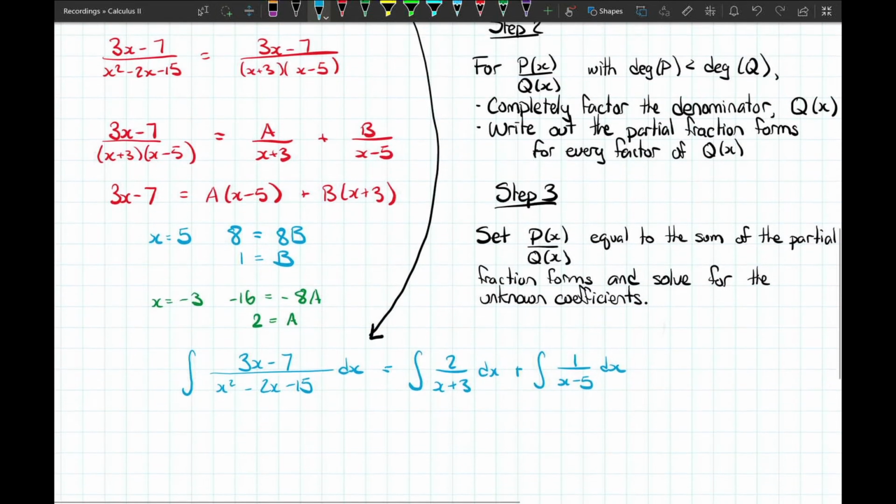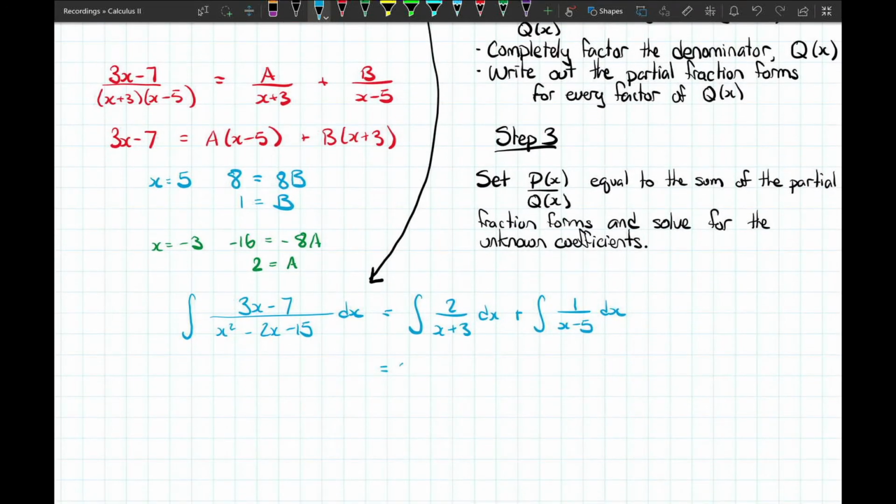In the first integral, 2 is a constant and can be brought out front, and we have the integral of 1 over x plus 3 dx. In our second integral, we don't have any constant multiples to bring out front. Each of these can be done with a substitution.